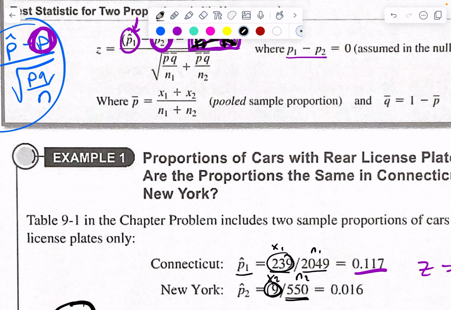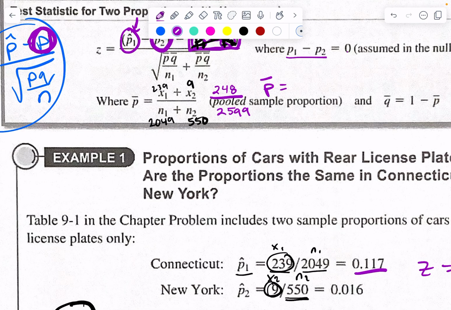So if I add my x's together, I get 239 plus 9 over 2049 plus 550. 239 plus 9 is 248 over 2599.